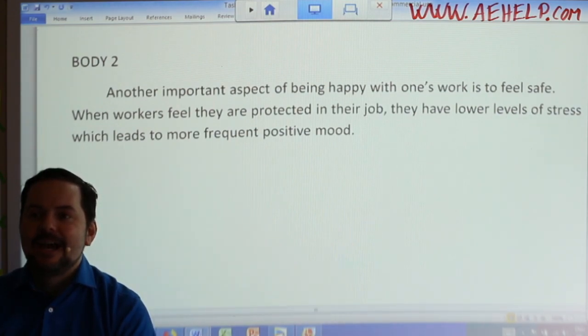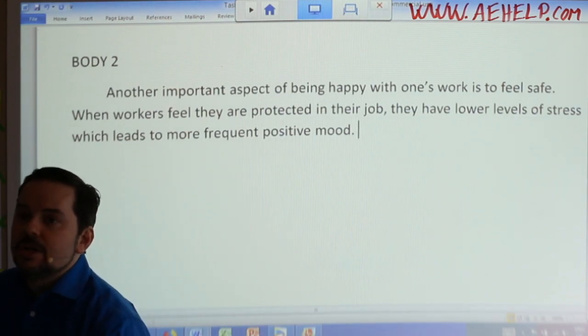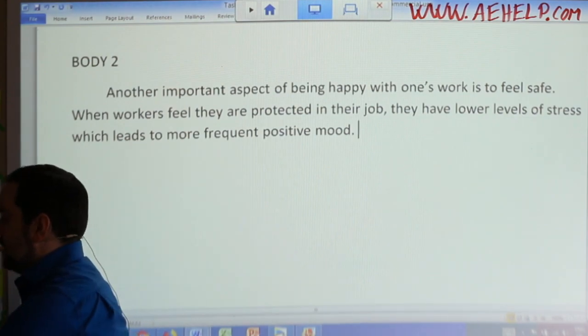Yeah, teacher is quite a safe job. ER docs feel stressful, so that will come in later in the paragraph, Mehmet. But for now, we need to support this explanation.